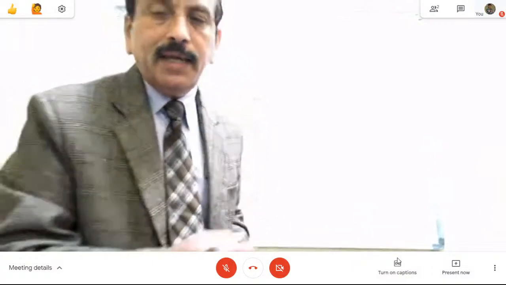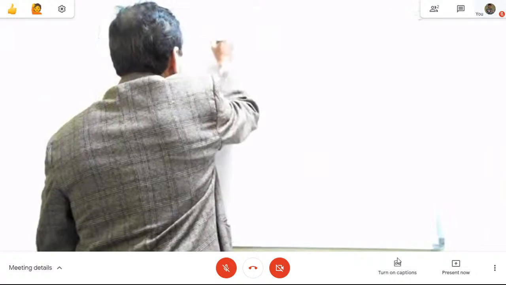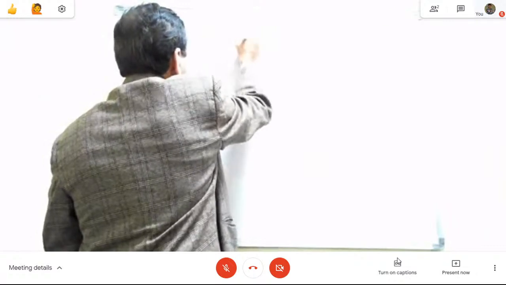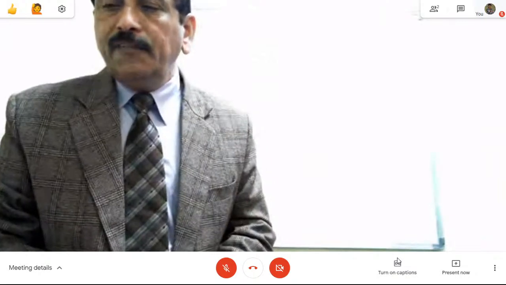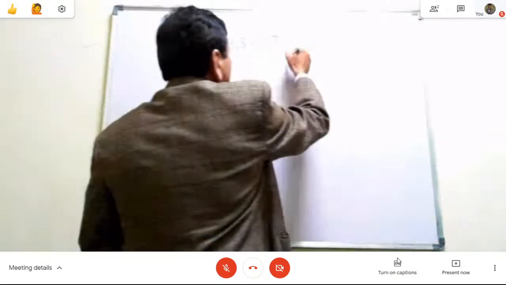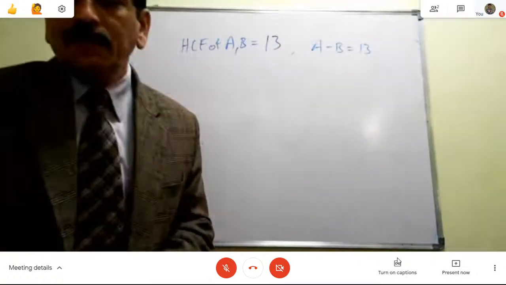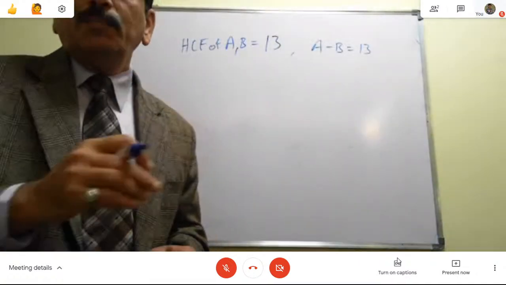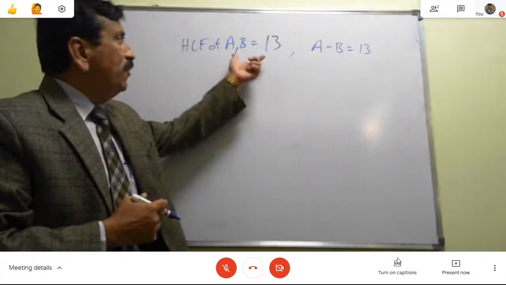HCF of two numbers A and B is 13. The difference is also 13. And you are supposed to find them. Now look here, HCF of A and B is 13.